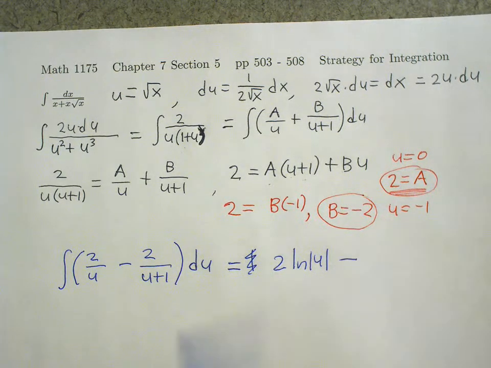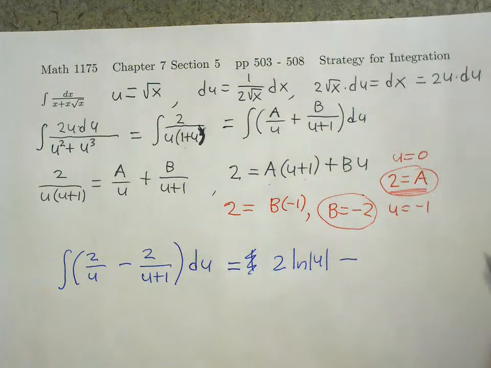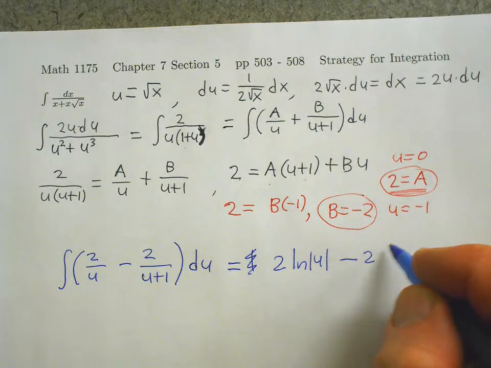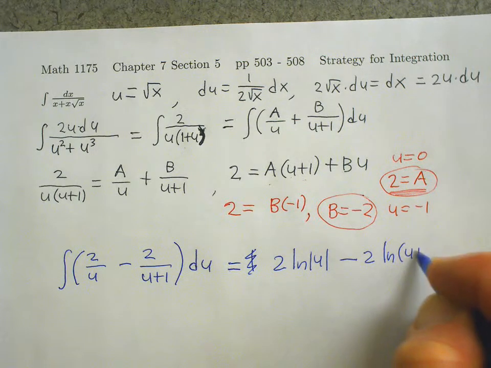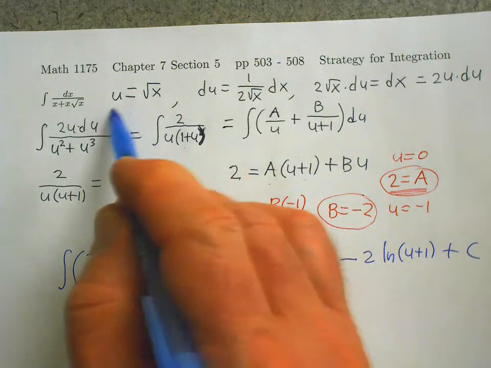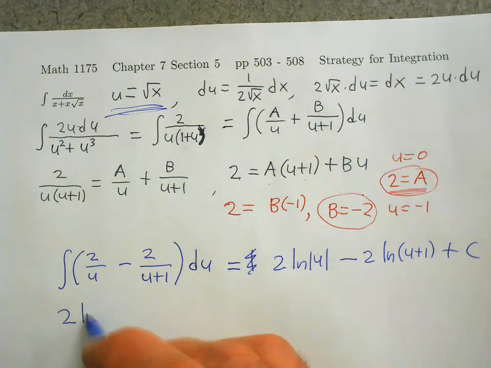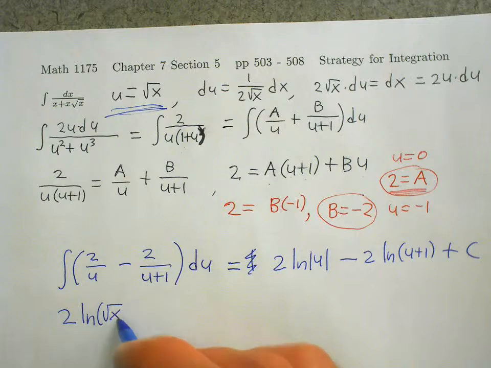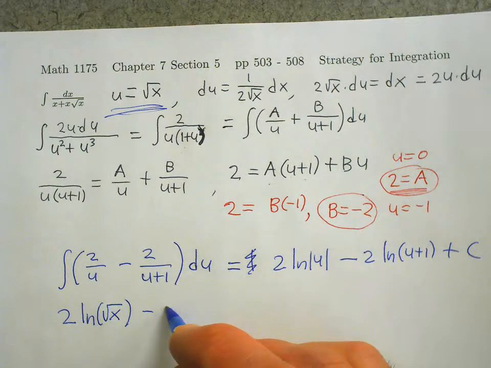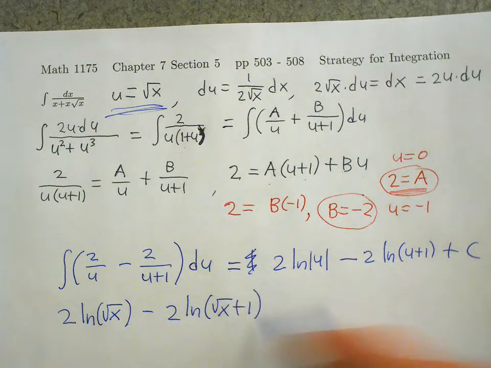And then from that, we subtract the antiderivative of 2 over u plus 1, which is minus 2 times the natural log of u plus 1, and then plus a constant. And then remember that u is the square root of x. That was our original substitution. So our final result is 2 times the natural log of the square root of x minus 2 times the natural log of the square root of x plus 1, and then plus a constant.